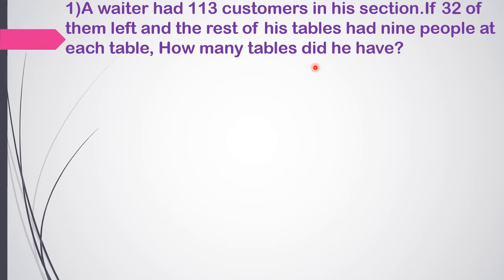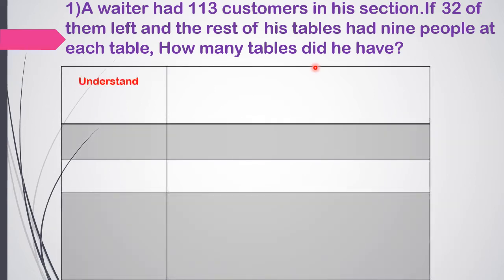In that hotel, how many tables are there? This is what we have to find out. So our first step is understand. Now we have to understand the problem. Totally 113 customers are there. Then 32 of them left. Left means they came out from that hotel, or they came out from that place.